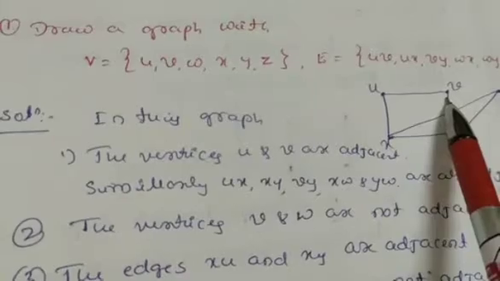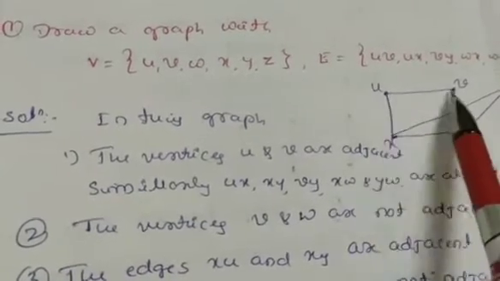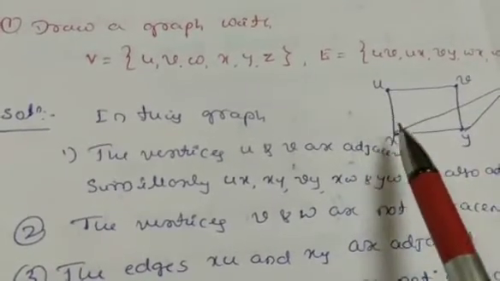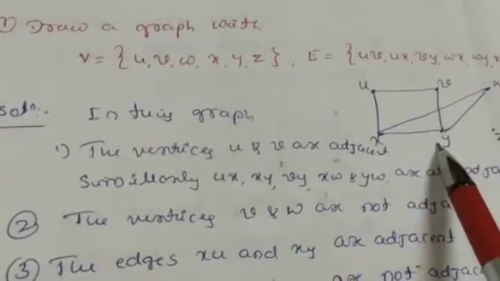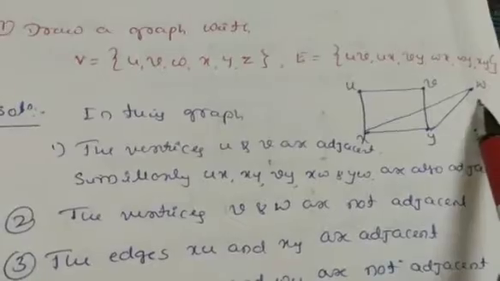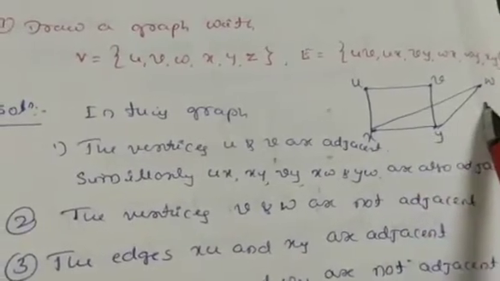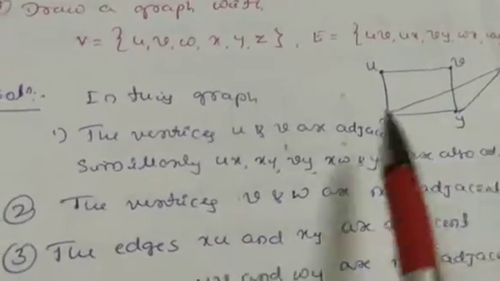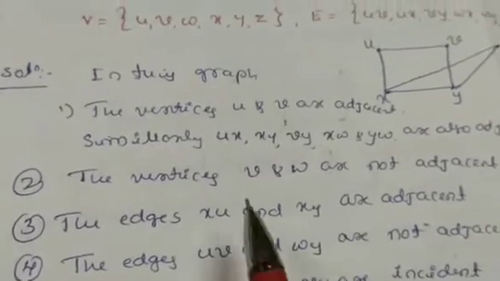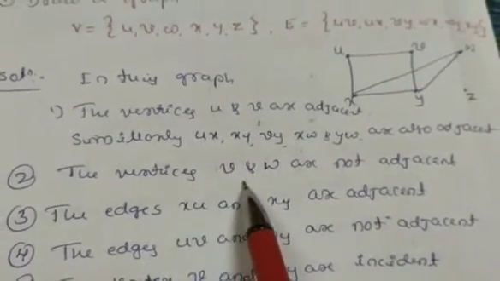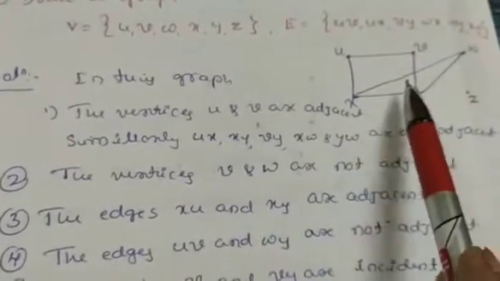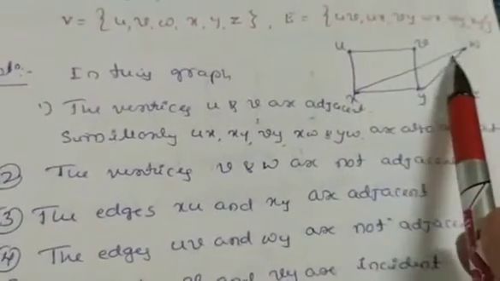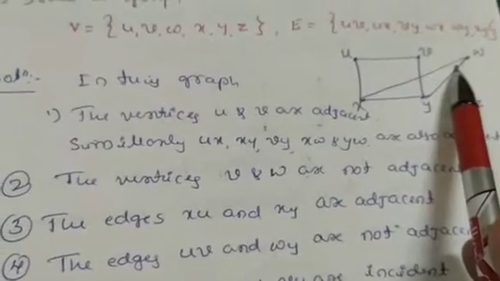vertices adjacent. So in this graph u and v are adjacent, x and y are adjacent, u and x are adjacent, v and y are adjacent, and w and x are adjacent, y and w are also adjacent. Similarly, the vertices v and w are not adjacent, because v and w are not connected by any edge.